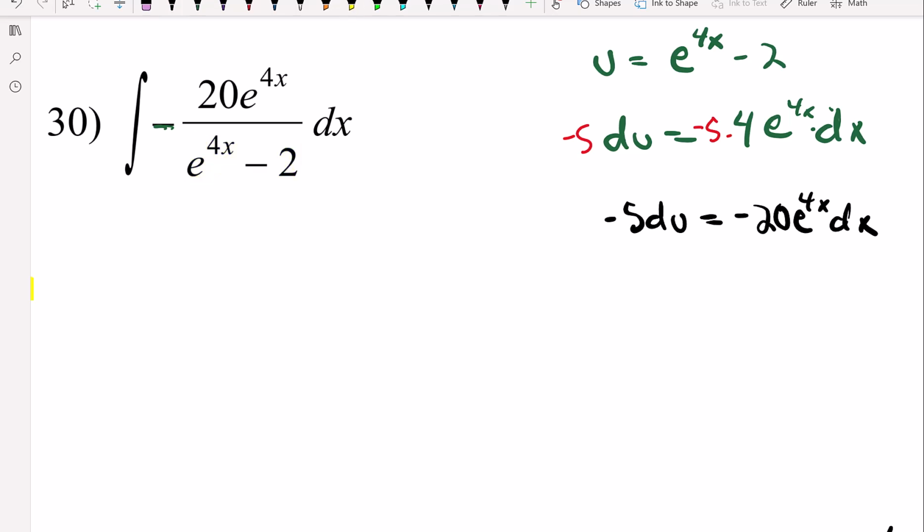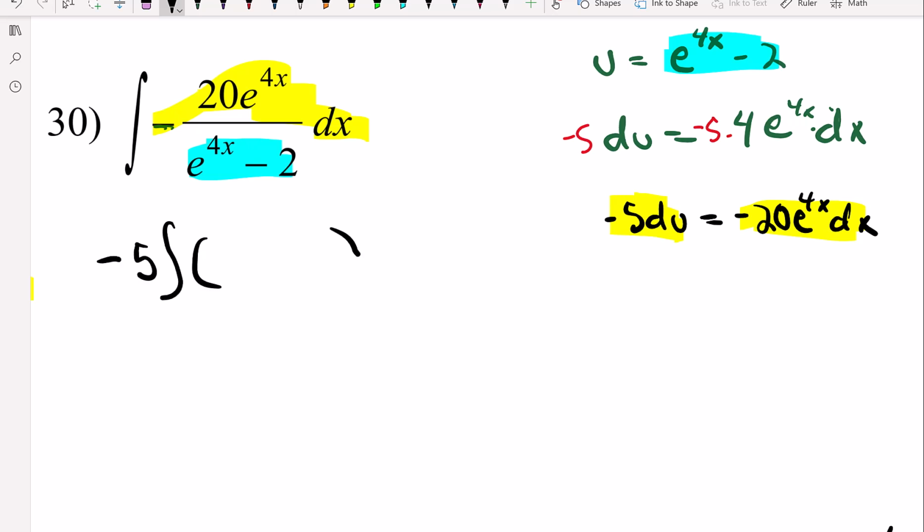And I should have put this as u. This whole thing right here can be substituted for negative 5 du. So we'll rewrite it as negative 5 du. And now what we have left, since all of this goes away, we have 1 over u.